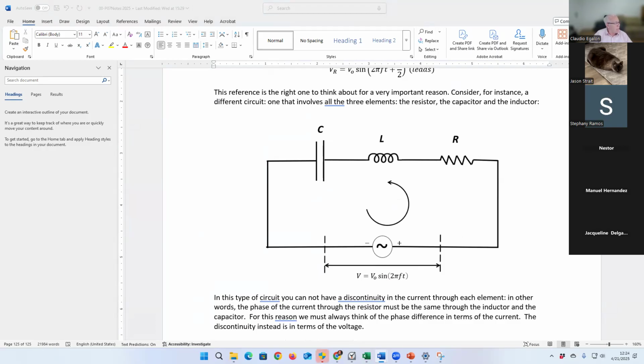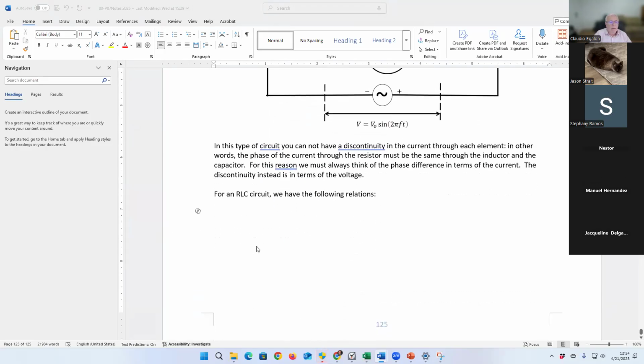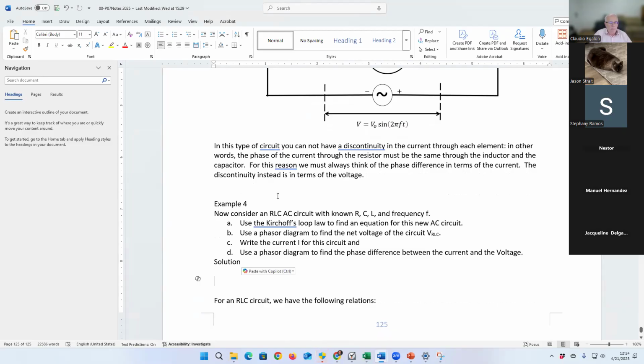Well, using the Kirchhoff law, right? Let's treat that as an example, just like we did before. Example 4. Now consider an RLC AC circuit with known R, L, C and frequency values, right?